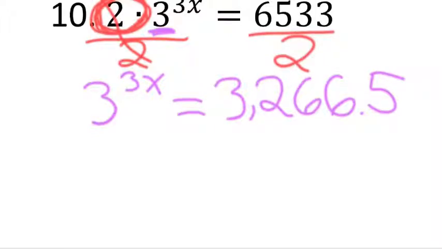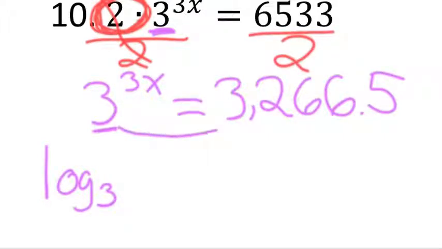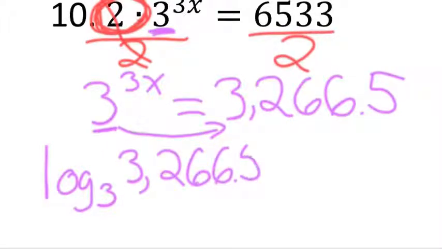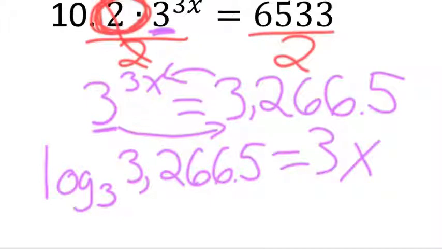We're going to take our 3, which is the base of our exponent, and put it in the base of our log. And then we're going to take the log of that 3,266.5, and set it equal to our exponent, which is 3x.